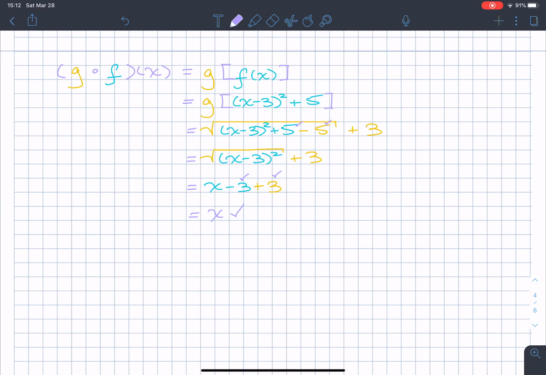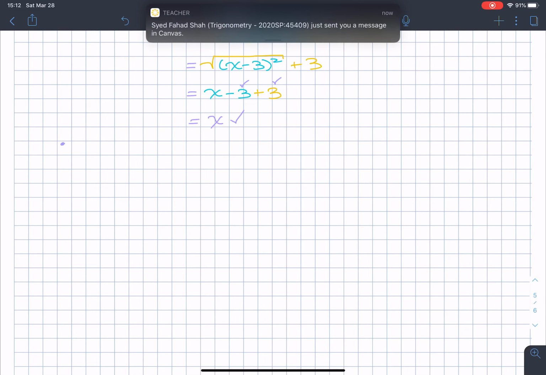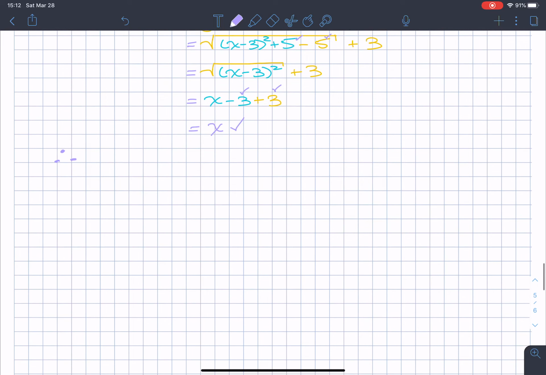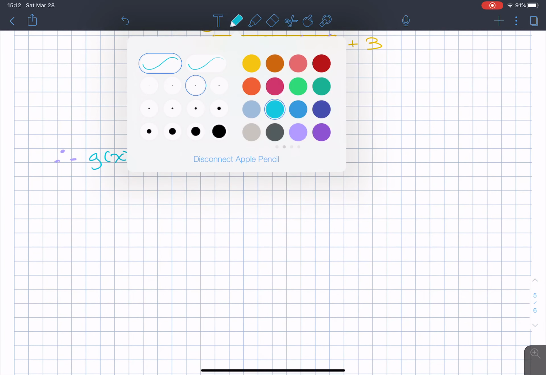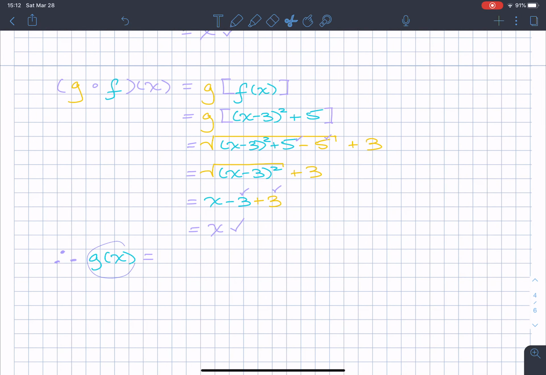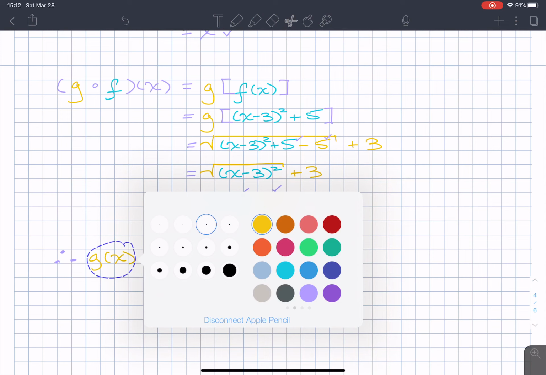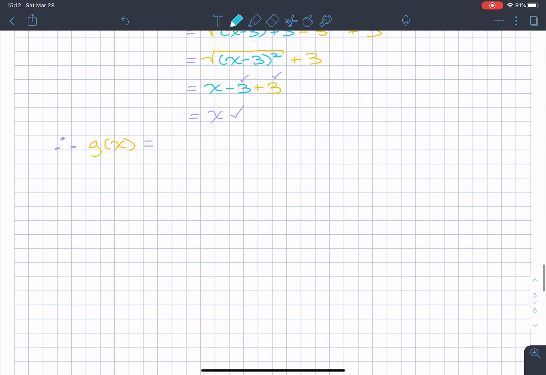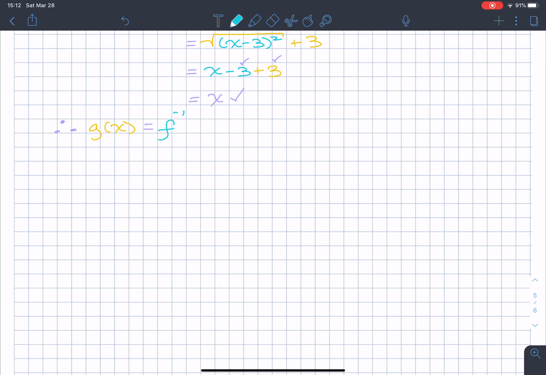So therefore, what can I state? G of x is actually f inverse of x, and vice versa. So they are inverses of one another.